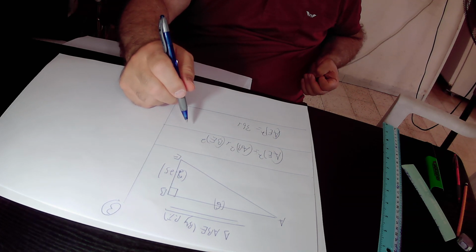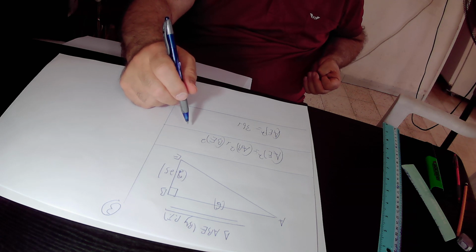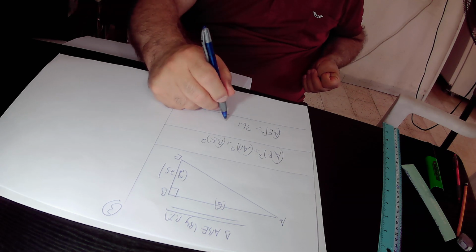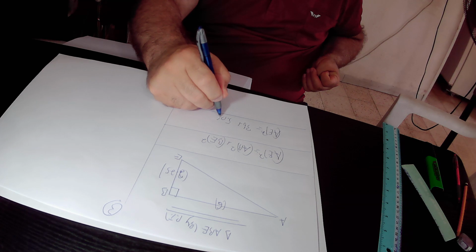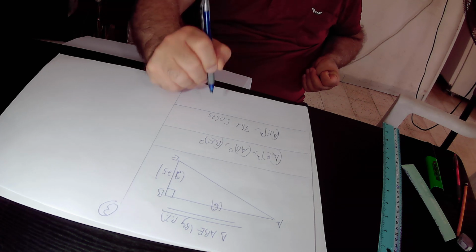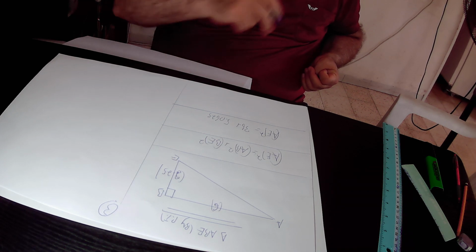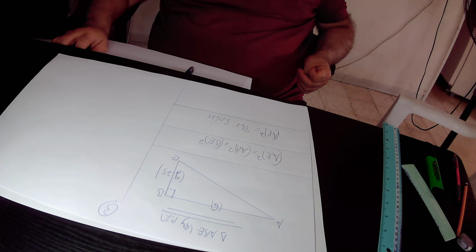BE is 2.25, therefore BE squared is 2.25 squared, that is 5.0625. Check it again.